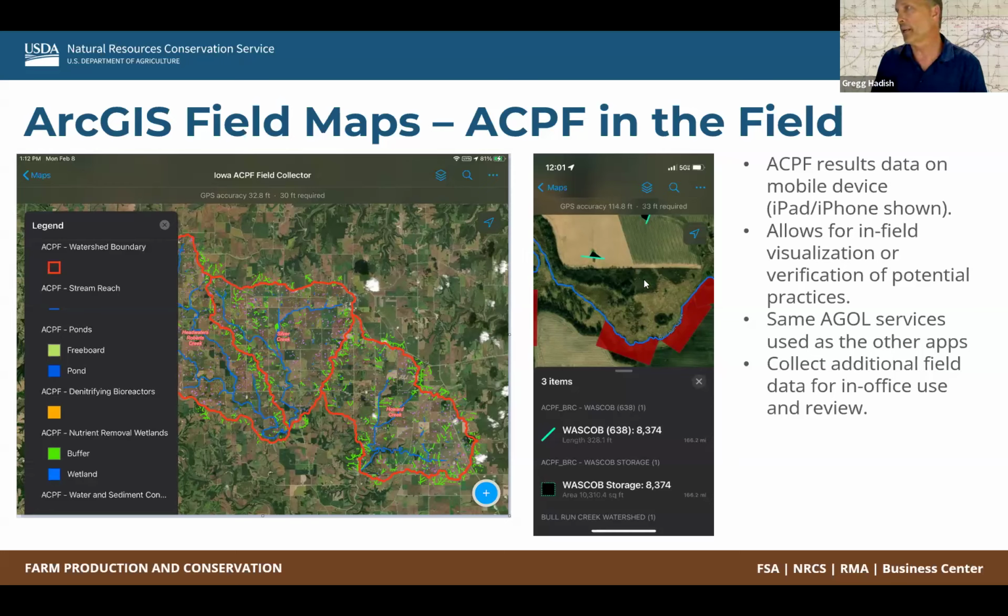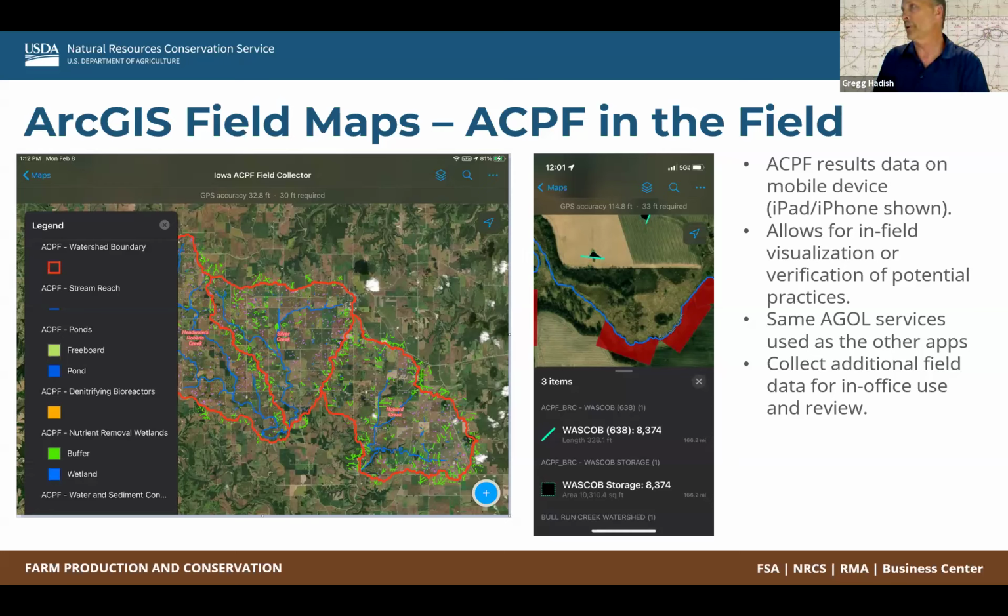So we could be standing out on a corner of a field with the farmer and saying, this is where we're at, and this is an example where we could put a WASCOB or grass waterway or whatever practice they would be looking at. So it makes for a nice way of sort of field checking: how did the model do in terms of the data it was using? What does that look like when we're actually in the field? So, sort of field checking.